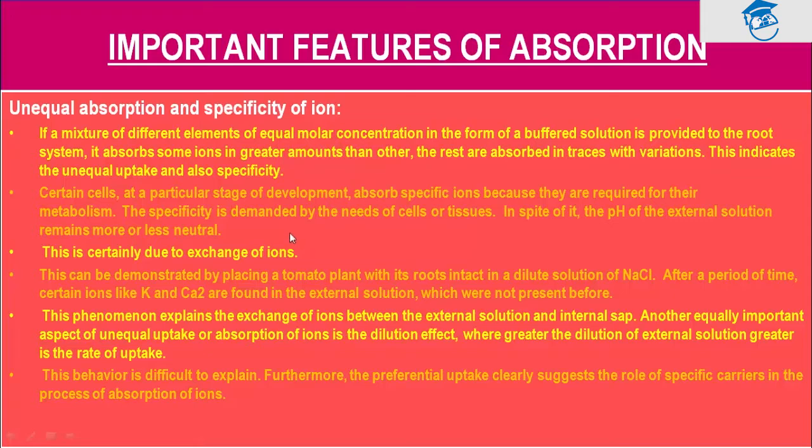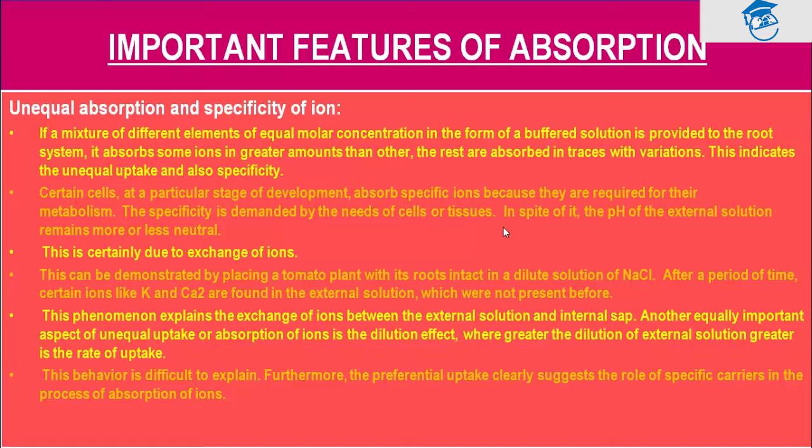Certain cells at a particular stage of development absorb a specific ion because it is required for their metabolism, and the specificity is demanded by the need of the cell or tissue. Cells or tissues require different mineral ions for their metabolism, so the demand for a specific ion is determined by the cell or tissue.